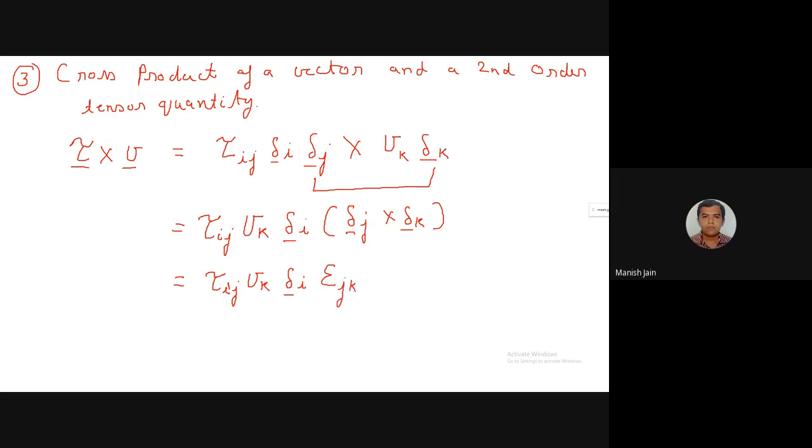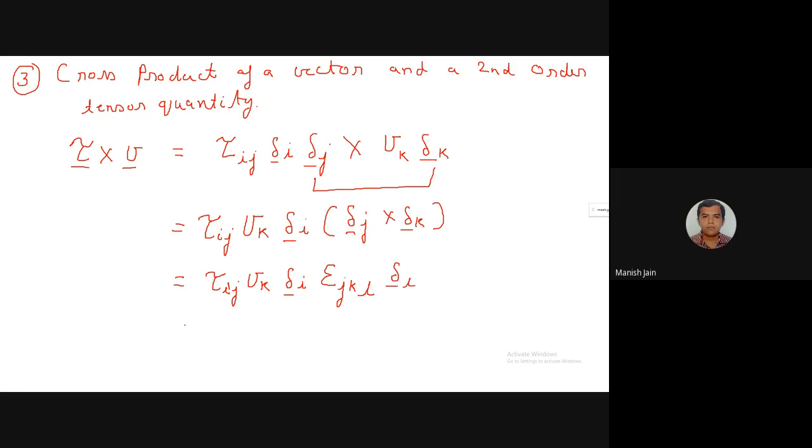Epsilon jk, and here you have to introduce a new index. That new index represents the perpendicular direction of the surface which is made by the del j and del k unit vectors. So here I am introducing a new index l, and then you have to multiply it by the new unit vector del l.